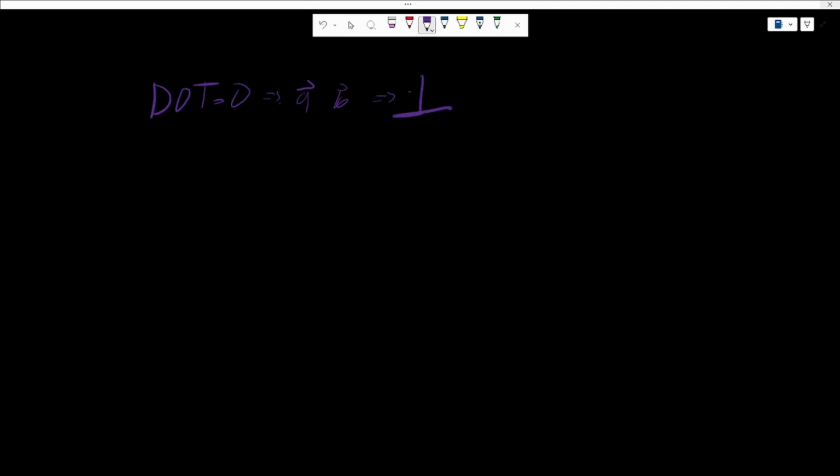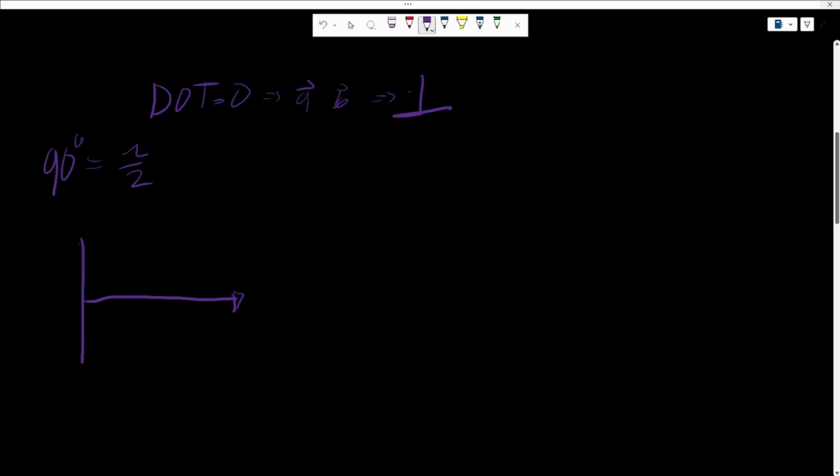So we can actually prove that when our dot product is 0, our two vectors A and B are orthogonal to each other, so that they're perpendicular. So how can we prove that? So earlier we said that 90 degrees is equal to pi over 2 radians. And let's just draw our cosine function. It starts at 1, goes down to 0, goes to -1, back up, and ends back at +1.